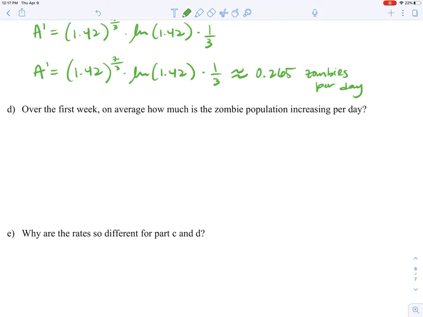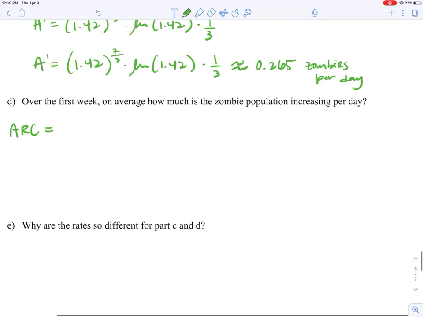Okay, so over the first week, on average, how much is the zombie population increasing per day? So this is referring to from that first day to 7 days later. So this is actually asking for average rate of change, which remember is the change in Y, or the change in the zombie population, divided by the change in X, which would be the number of days that have passed.